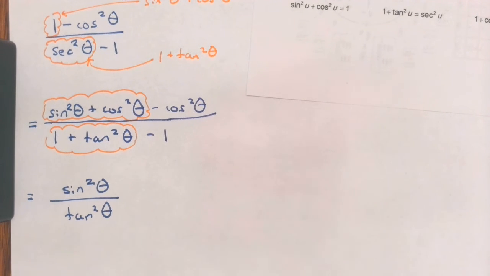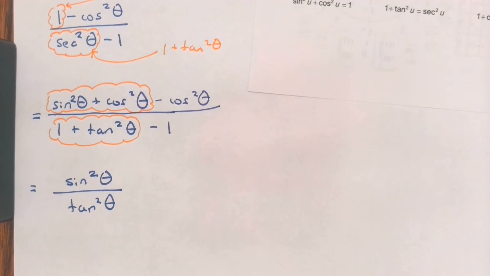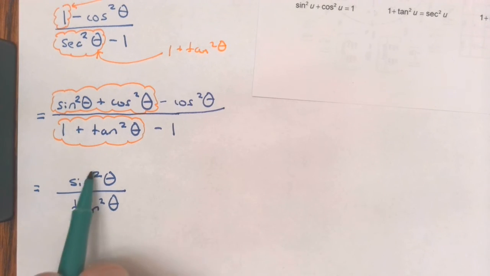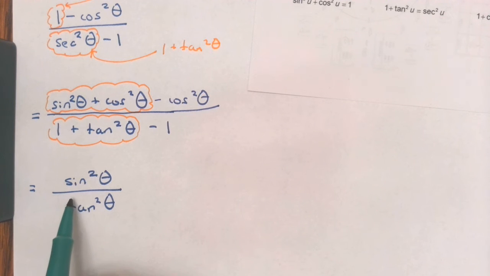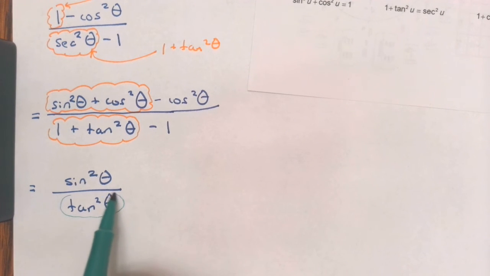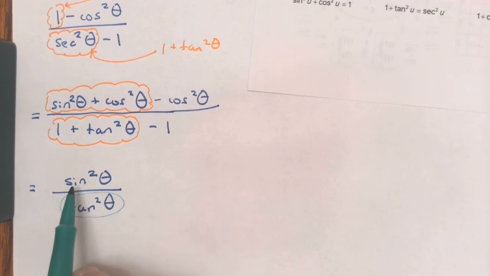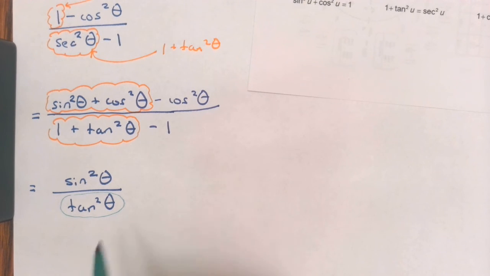There's no addition or subtraction here, so I would rewrite this as a multiplication problem and then change things into sines and cosines to finish the problem up. So we have a division problem right now with no addition or subtraction. I'm going to take this tangent squared that's in the bottom, and dividing by anything is the same as multiplying by its reciprocal.